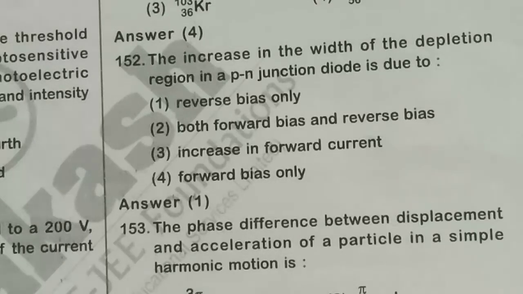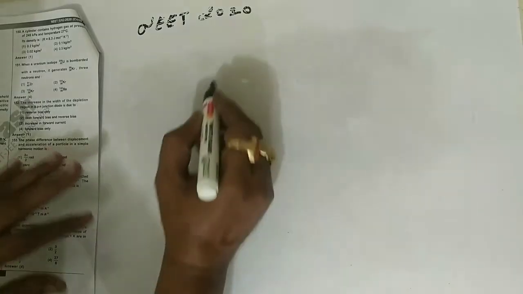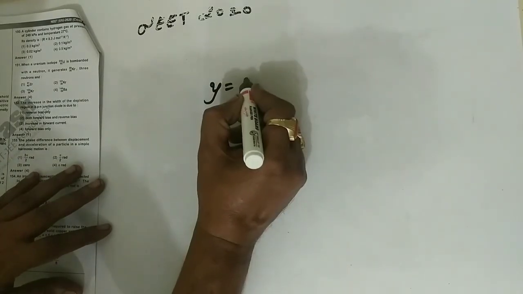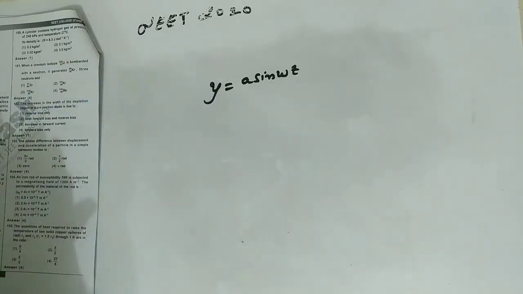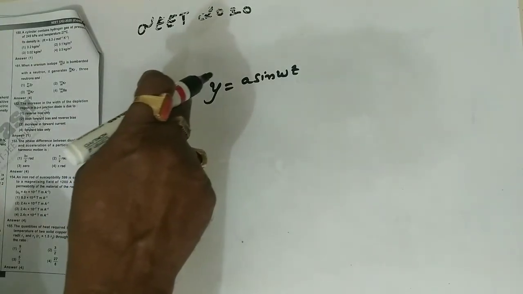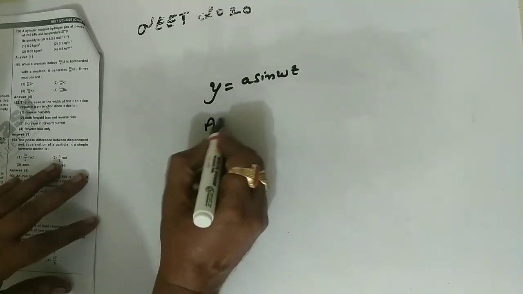153. The phase difference between the displacement and acceleration of a particle in simple harmonic motion is. In simple harmonic motion, the displacement y equals a sin omega t. When it is differentiated, we get velocity; differentiated again, we get acceleration. The acceleration equals minus omega square y.